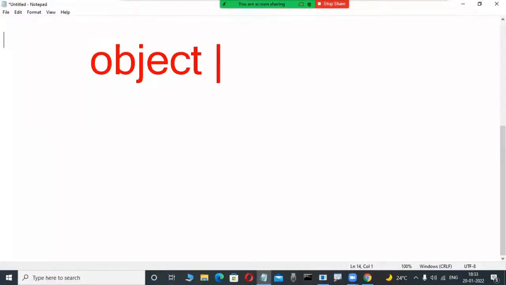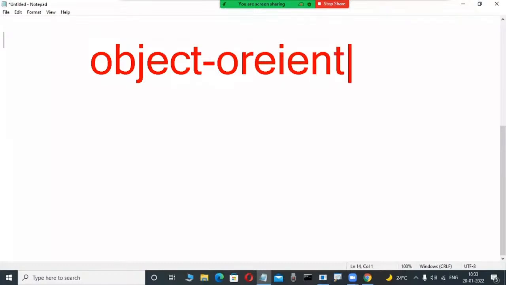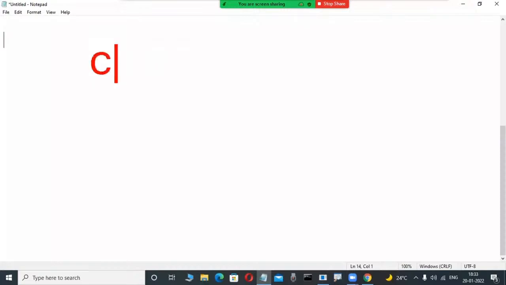Suppose there are so many object-oriented languages worldwide. What are they? C++ is an object-oriented language. Java is a popular object-oriented language.